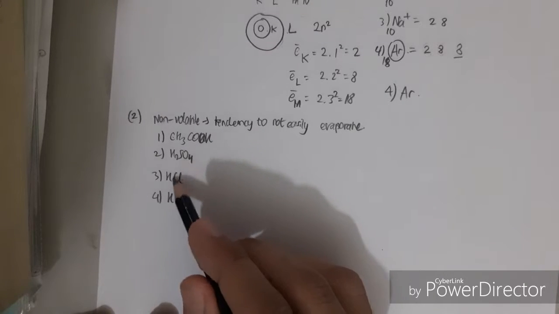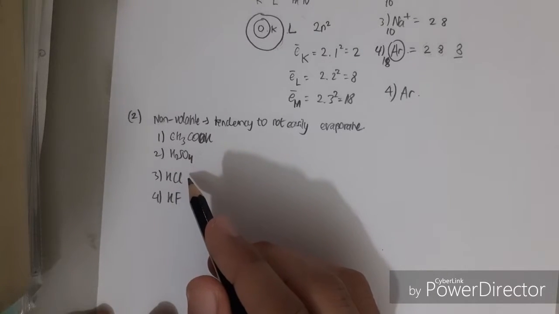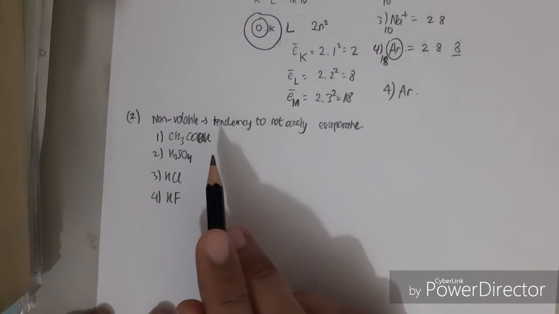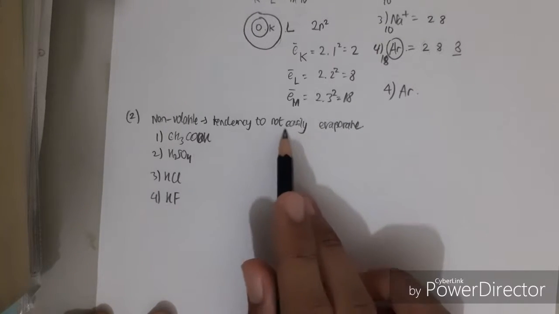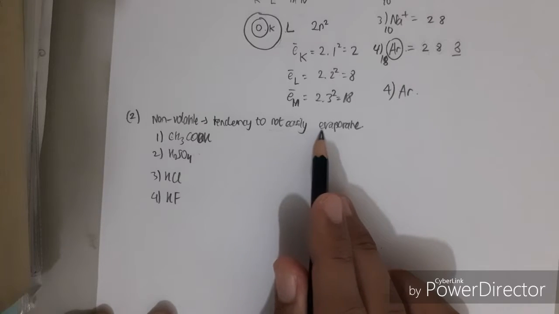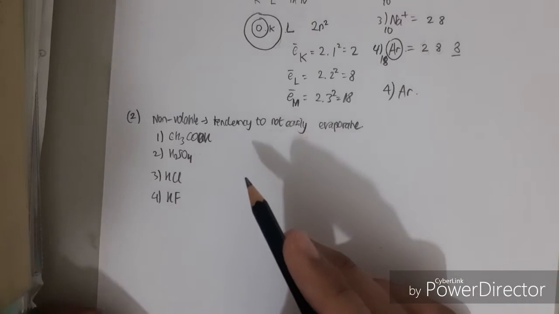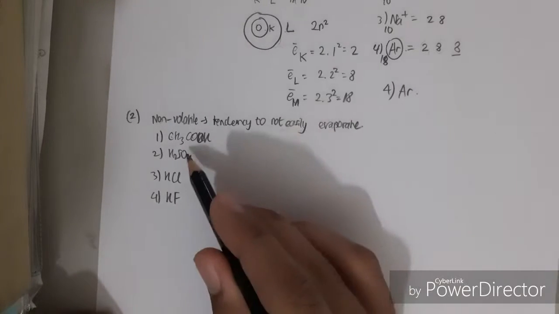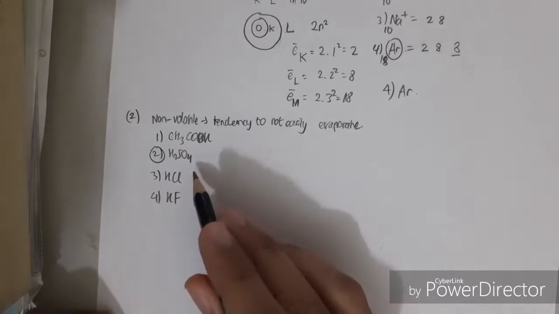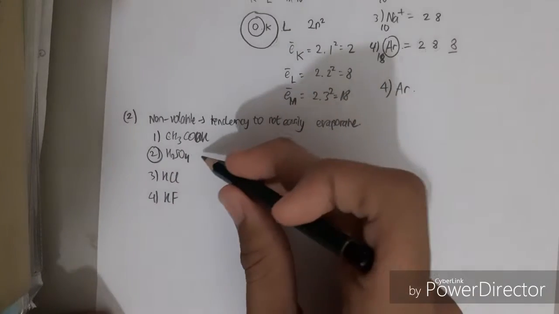So we have two final choices, which are strong acids, not easily evaporating. To make it easier, the ones that do not easily evaporate are the much stronger acids, and the answer is hydrogen sulfate.